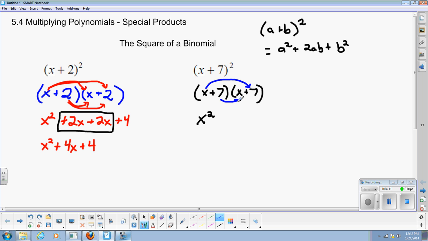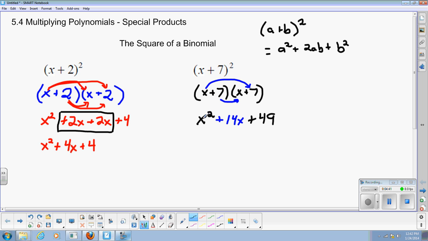So I'm doing the same thing twice. So when I see x plus 7 squared, I will take x times 7, that's 7x, and I need 2 of them, so that will be 14x. Then lastly, I take b, the 7, and square it. 7 squared is 49.